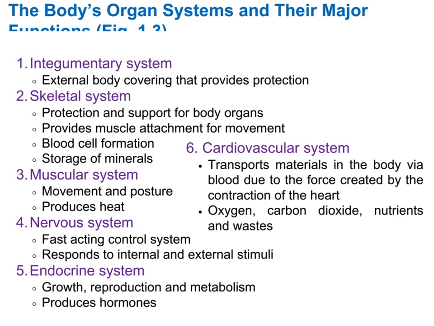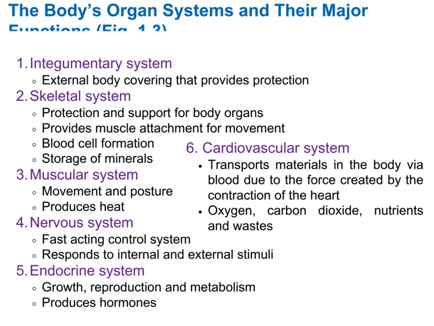Another communicating system, along with the nervous system, is the endocrine system. So you could say those two, number 4 and 5, the nervous and endocrine system, are the major communicating systems of the body. The nervous system does work faster, but the endocrine system can work for longer, prolonged periods. And it's responsible for releasing hormones that can regulate things like growth, reproduction, metabolism.